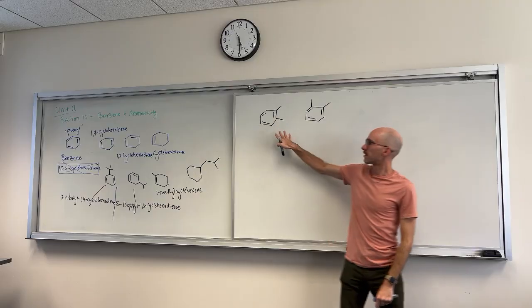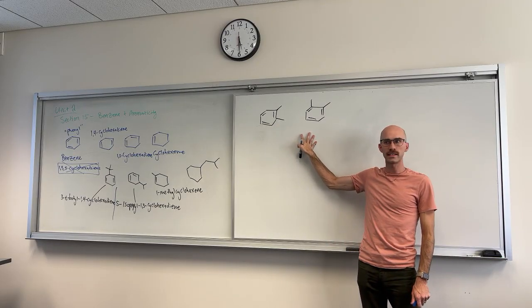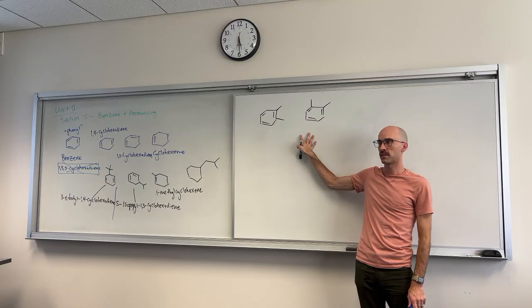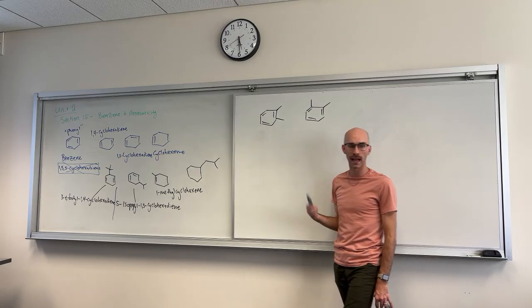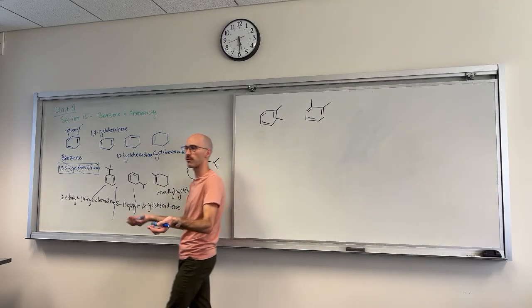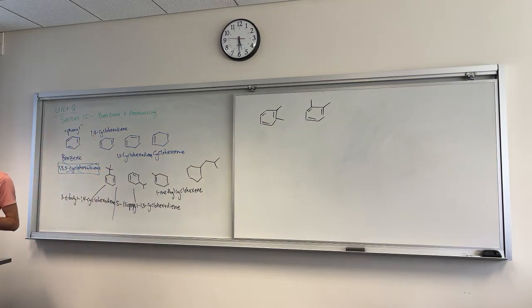Assume that this is not benzene. Assume that you are an 18th century student and benzene has not been named yet, and you are trying to name this structure. Follow the rules that we've just been talking about. How would you name these two? If anything, just focus on the prefix you would give it to describe the placement of the methyl groups.